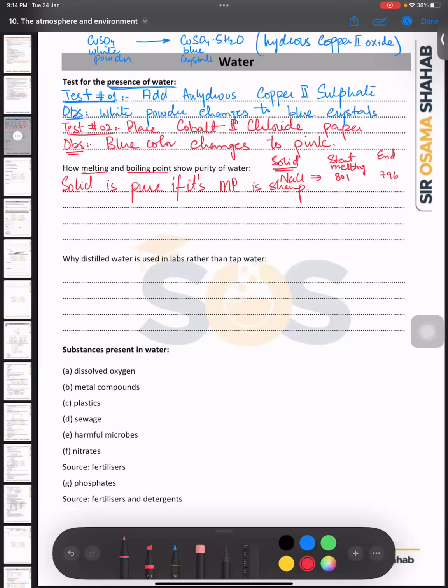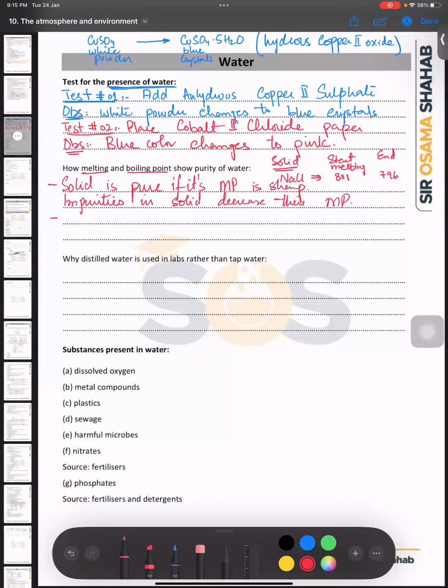And if it is impure, then definitely the melting point is going to decrease. So you can say that impurities in solids decrease their melting point. You need to keep remember, हमेशा solid के अंदर जब भी impurities आएंगी तो वो उनका melting point कम कर देंगी, right?